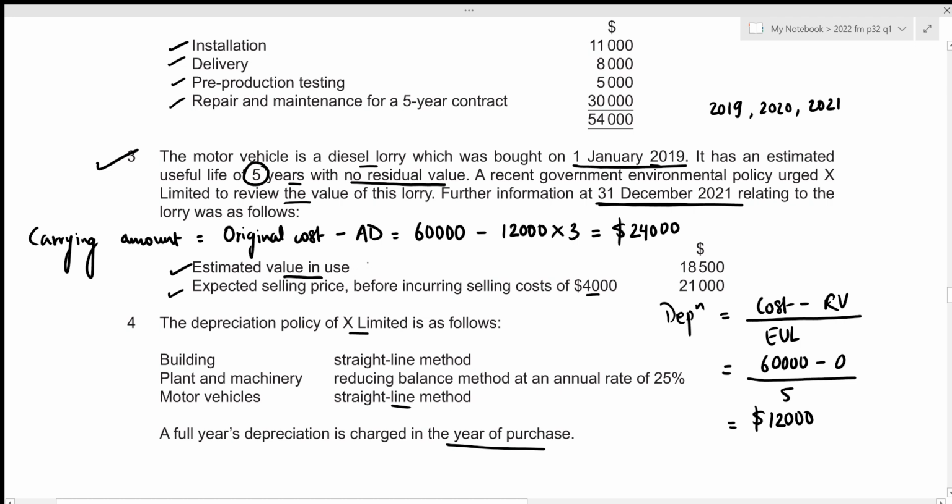So the next thing, in order to figure out whether there needs to be an impairment, is to figure out our fair value. So I'm just going to write down the formula for fair value right here. Fair value is just going to be our expected selling price after selling costs.